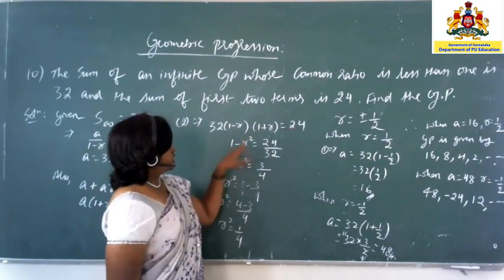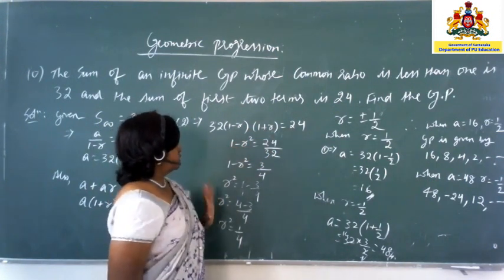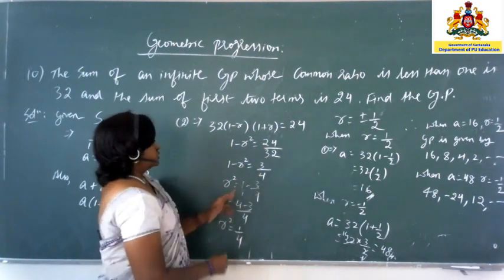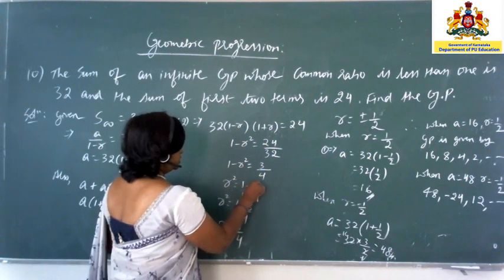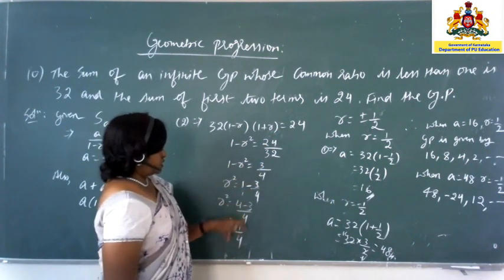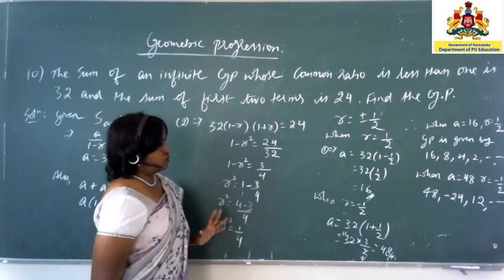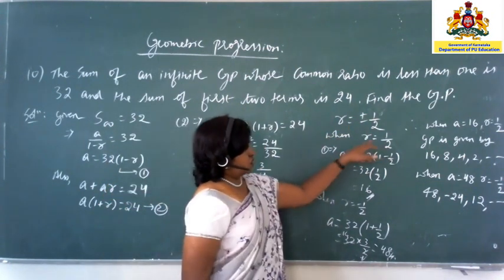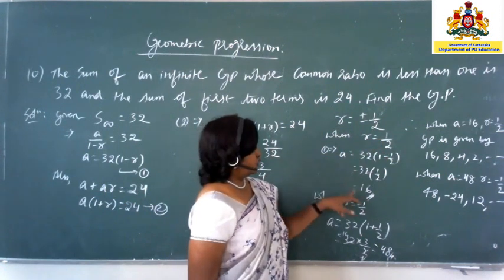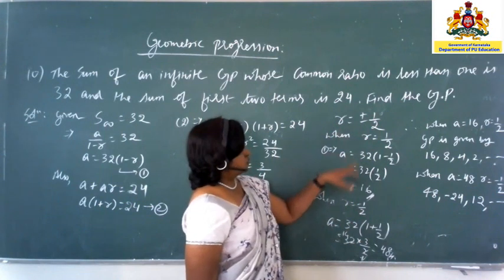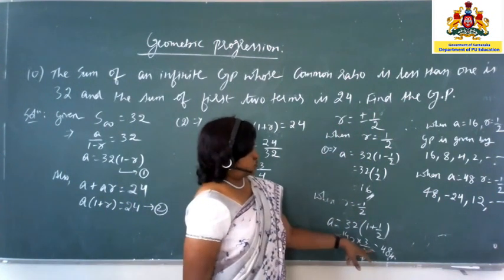So 1 minus r square is equal to 24 divided by 32, which is 3 by 4. So r square is equal to 1 minus 3 by 4. Take the LCM, 4 minus 3 by 4. So r square is equal to 1 by 4. r is equal to plus or minus 1 by 2. Substitute r is equal to 1 by 2, you get the a value as 16. Substitute r is equal to minus 1 by 2, you get the a value as 48.